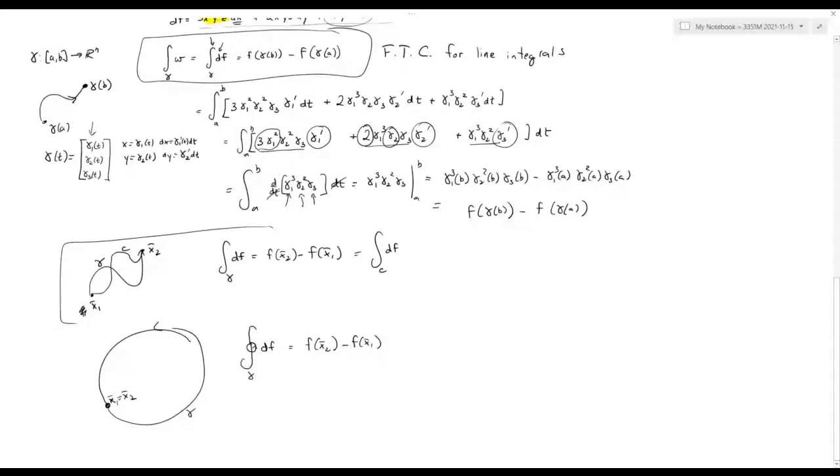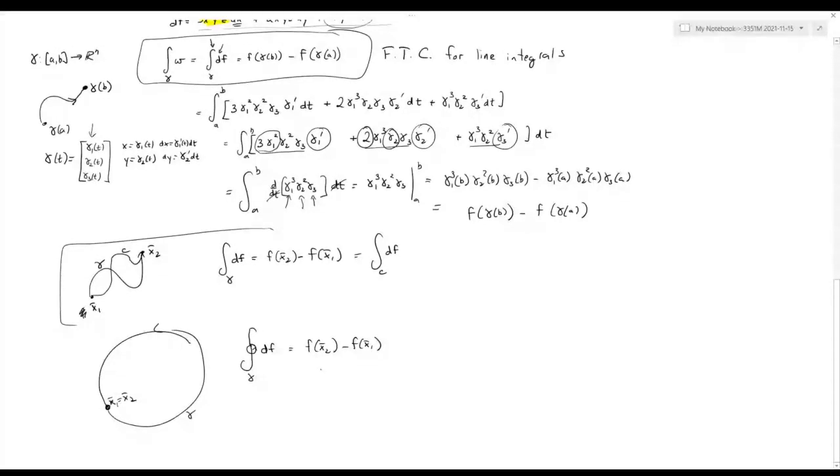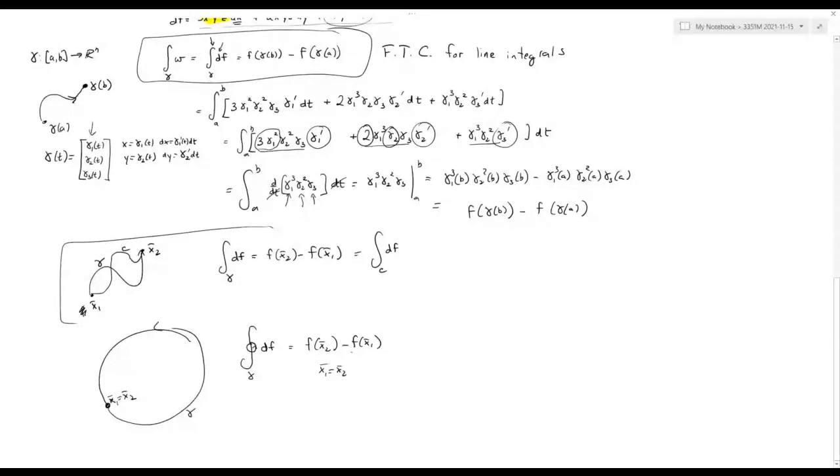But x1 and x2 are equal, right? Meaning that the function would evaluate at the same thing, it's the same point, so you just get 0. So that's important, right?